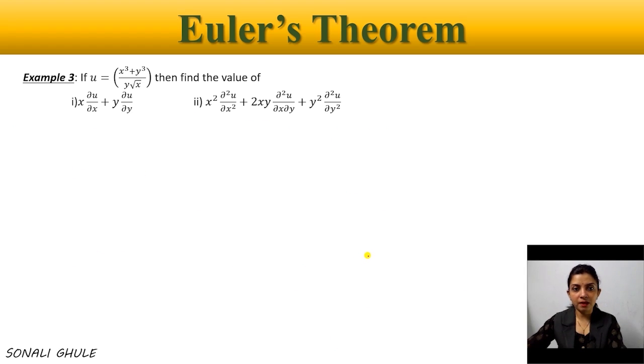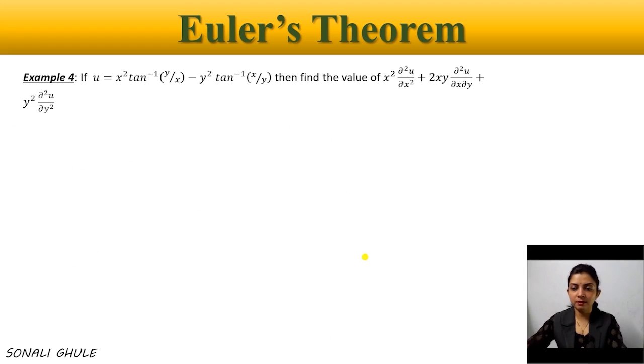Now let's have one more example on these. This is our next example. What we have to do here, see, u is equal to x square tan inverse y upon x minus y square tan inverse x upon y, and then we have to find the value of this second order relation.